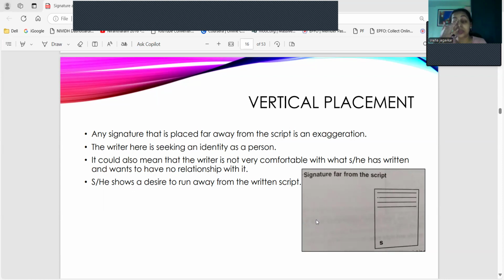So this is not something that we need to do. We need to make them understand the importance of why they need to sign at a certain placement, and why signing like this comes under the negative trait. This we need to understand.